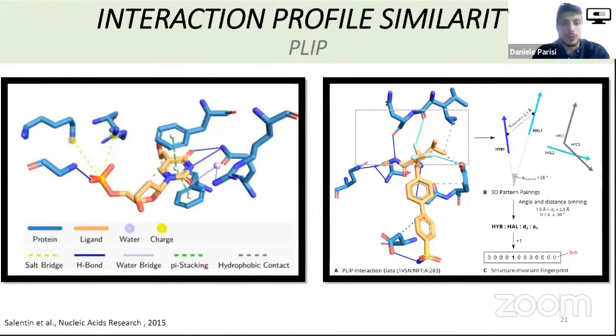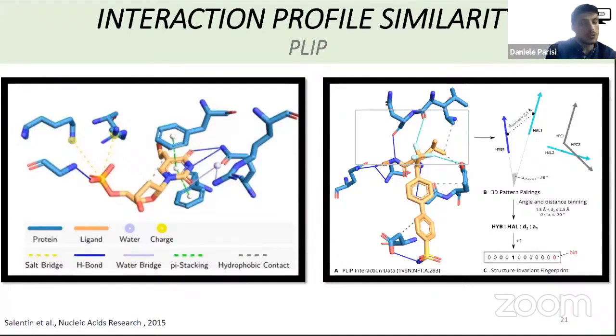As I explained before, for interaction profile similarity tools, the important thing is the interaction profile, the environment inside the binding site that characterizes the interaction between the drug and the target, and not specific residues or a specific chemical atom on the ligand.